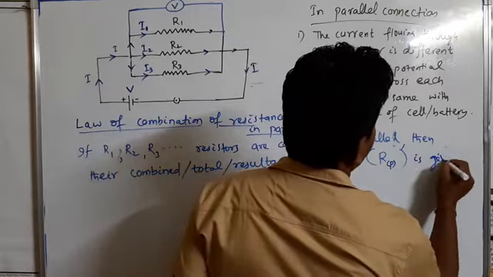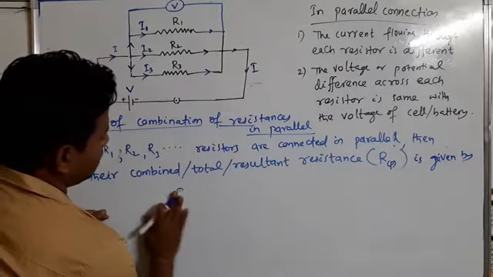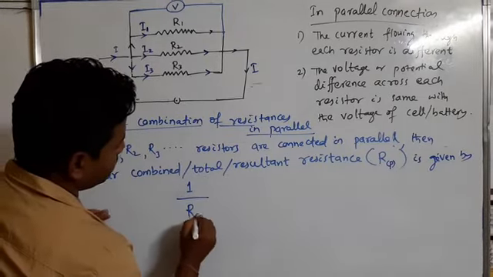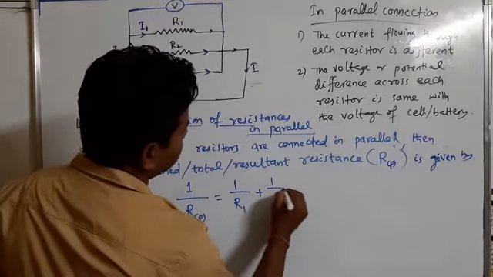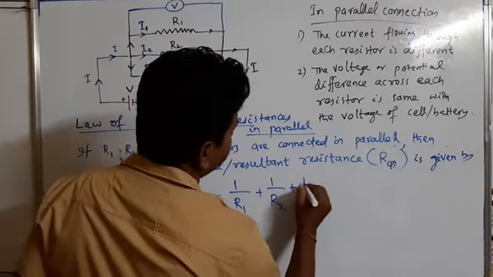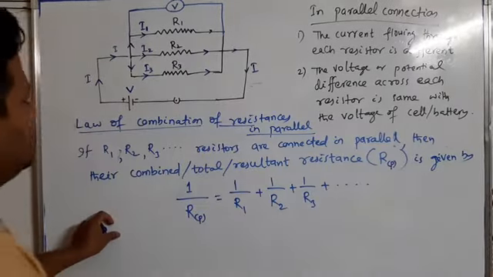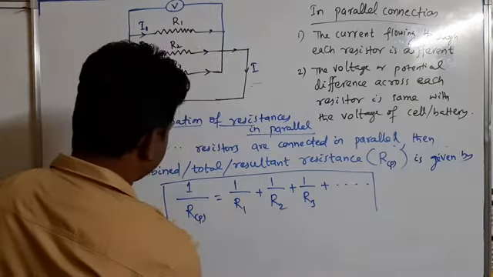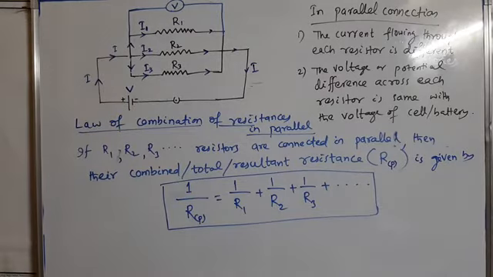is given by the formula 1 by Rp equal to 1 by R1 plus 1 by R2 plus 1 by R3 and so on. This is the formula for finding out total resistance in parallel connection.